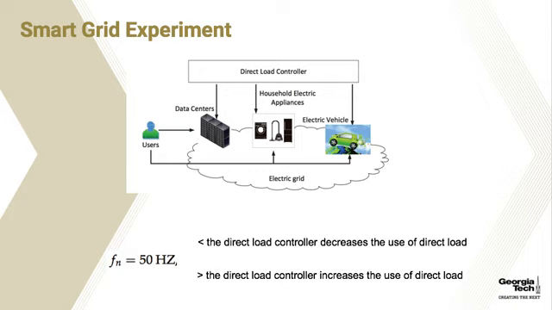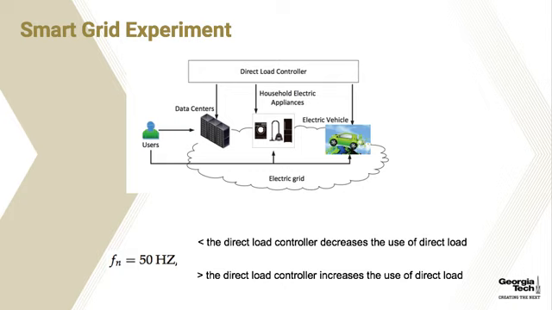The direct load controller that we have up here is responsible for recovering that deviation in frequency, and this controller is capable of turning on and off electrical appliances to change the loads of the smart grid in order to decrease the deviation in frequency.